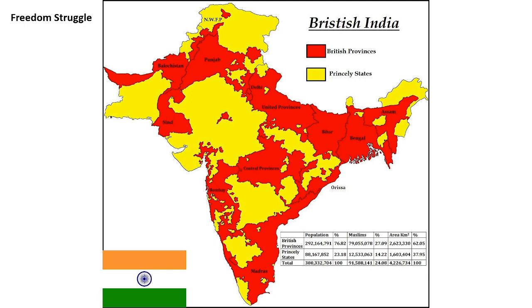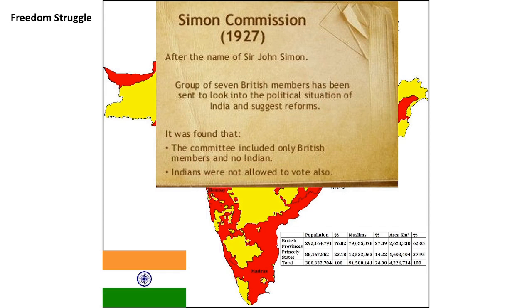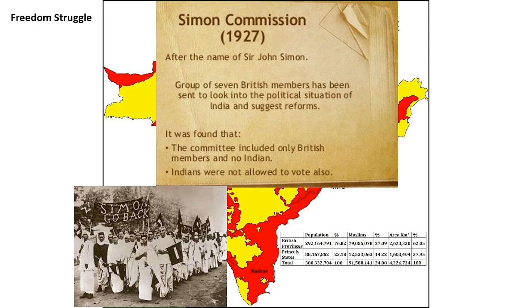At that time, the political situation was very unstable in the country. Thus, the British government sent the Simon Commission in 1927 to look into the political situation of India and suggest reform. But both the Indian National Congress and Muslim League rejected the commission because it was an all-white commission with no Indian member, and started protesting by saying, "Simon, go back."